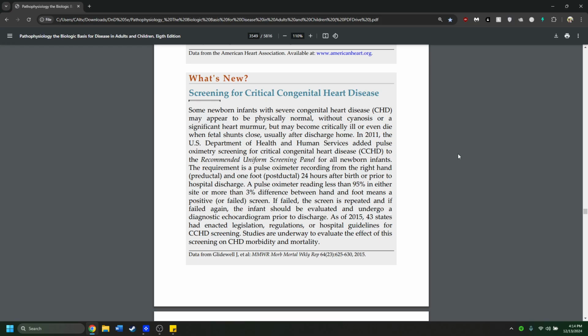If failed, the screen is repeated, and if failed again, the infant should be evaluated and undergo a diagnostic echocardiogram prior to discharge. And that is approved for 43 states and had enacted legislation, regulation, and hospital guidelines. Studies are underway to evaluate the effect of the screening on CHD morbidity and mortality.